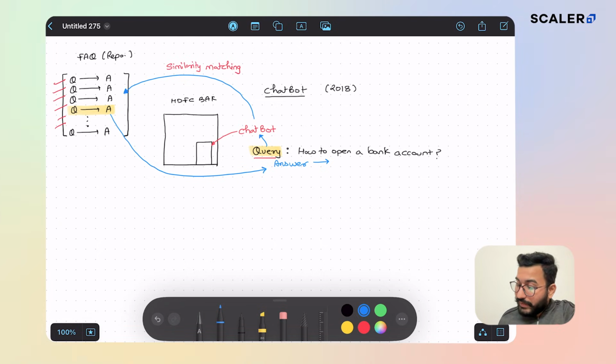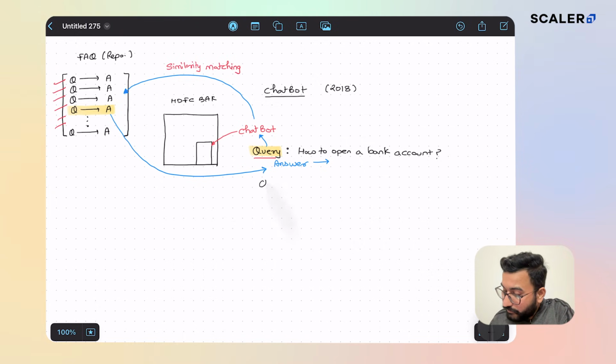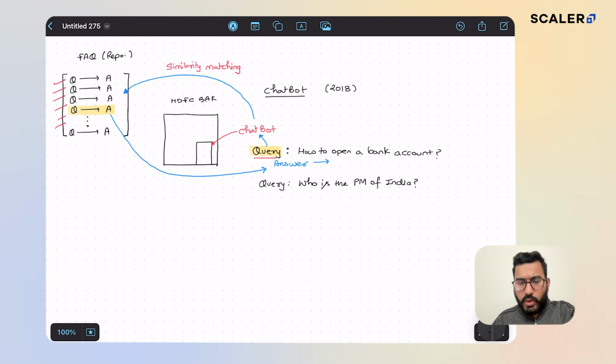Now, in this entire process, if you ask another query, let's say the query is, who is the PM of India? Now, this is the question. What do you think, is this chatbot capable of answering this question?